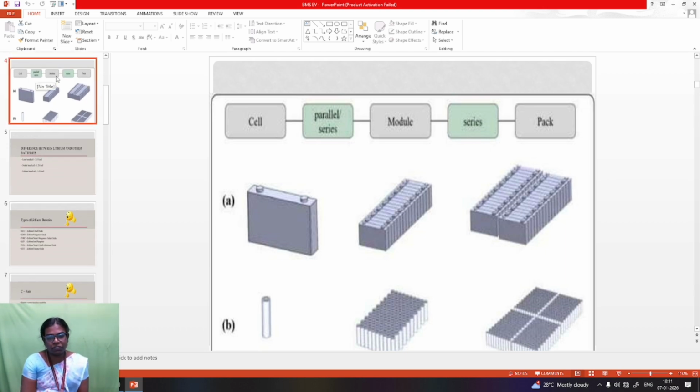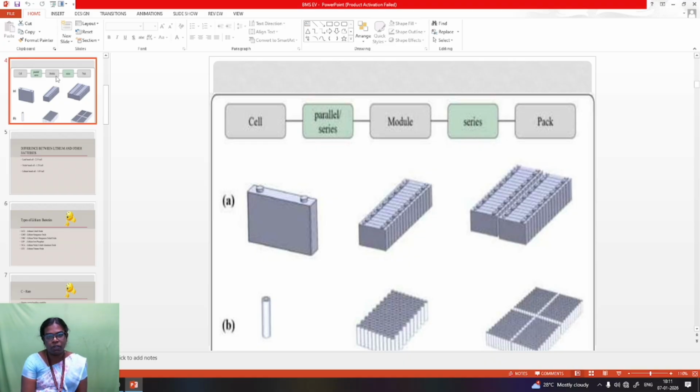So the battery structure means the individual cell. I already told you the individual cell is the battery cell. The first one is the battery cell. The A and the B, both diagrams show the individual cell and the parallel and series combination. So we connect the cells in parallel or series mode.